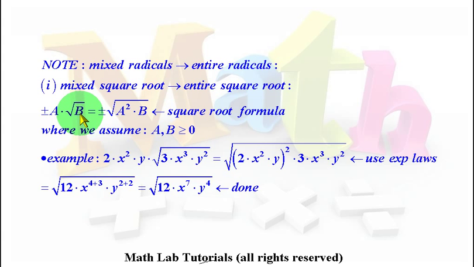Because if b were less than 0, for example, if b is equal to -1, then the square root of -1 is not a real number. It's an imaginary number, and we'll not talk about those cases right now. So we require that both a and b be greater than or equal to 0.